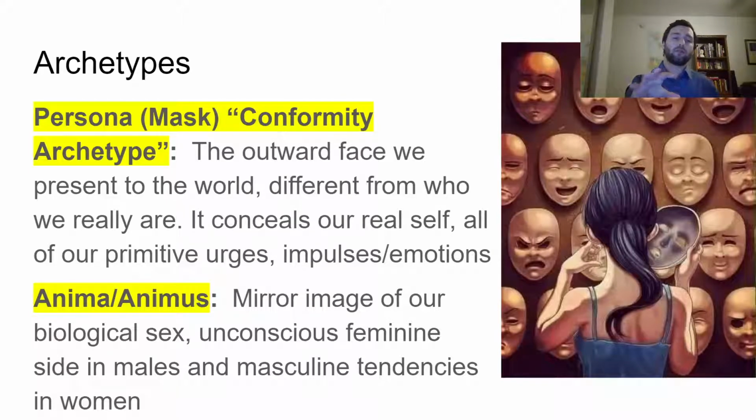In males, this would represent our unconscious feminine side, and in females, it'd be our unconscious masculine side. Right, so it's pretty simple on that one. Again, it's the opposite. So if I'm a male, these would be the unconscious things within me that are feminine. If I was female, it would be the unconscious things within me, these tendencies within me that are masculine.